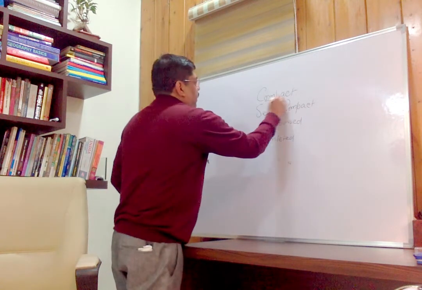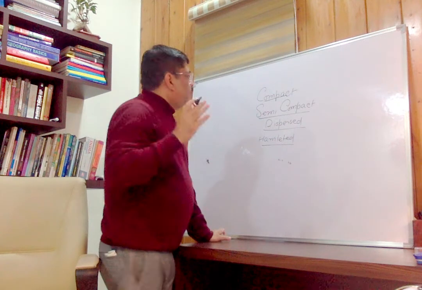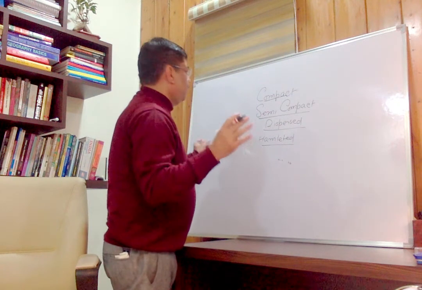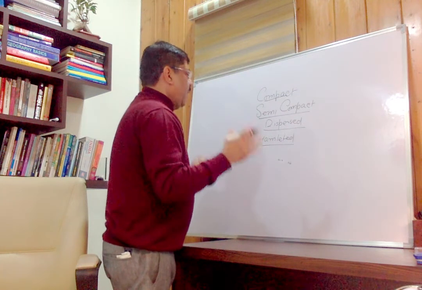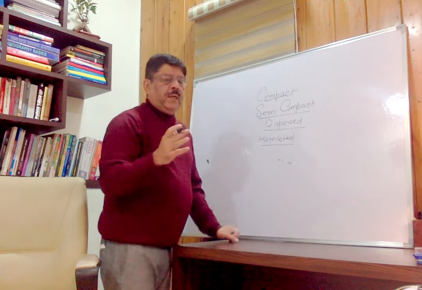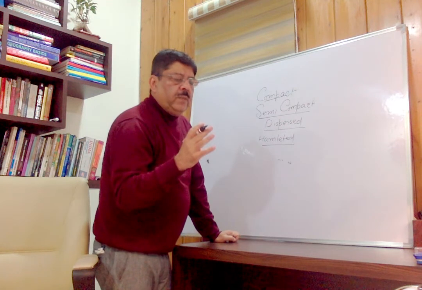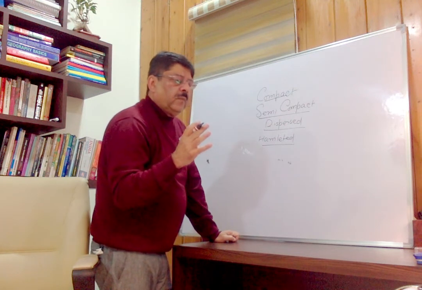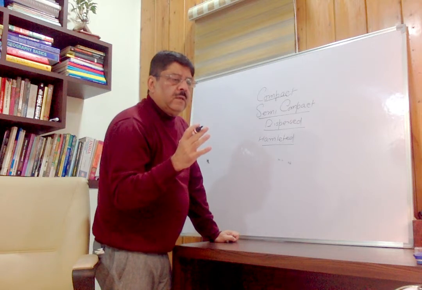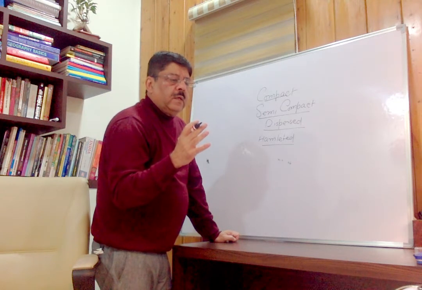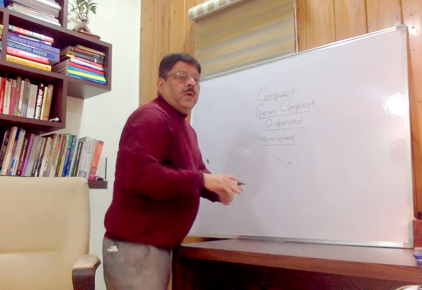These names are self-explanatory. There are mainly four types of rural settlements: compact, semi-compact, dispersed, and hamleted. What is compact? Let's have a brief introduction. Compact means many houses are living close to each other.